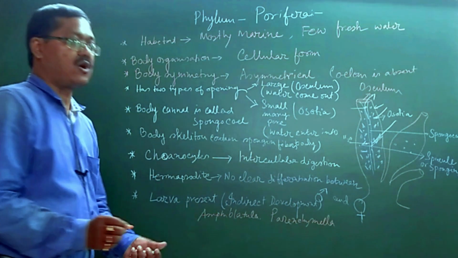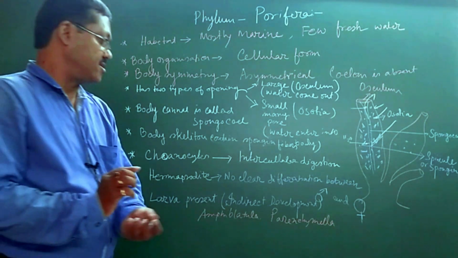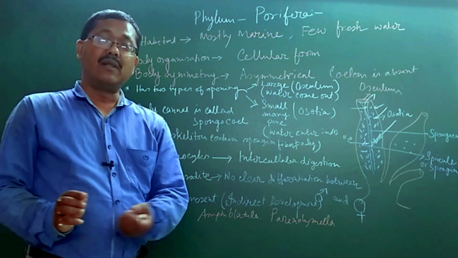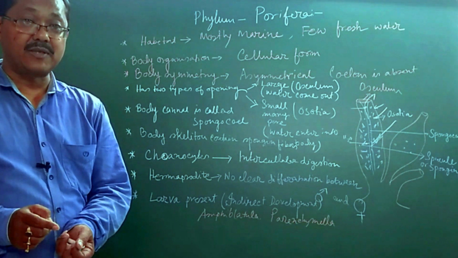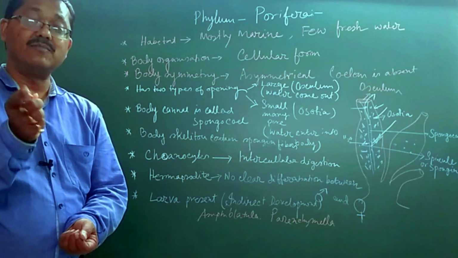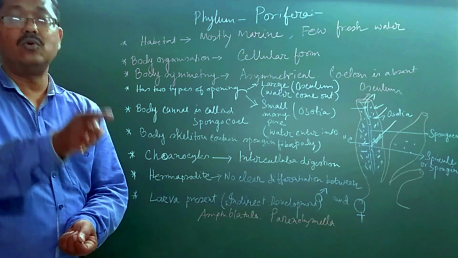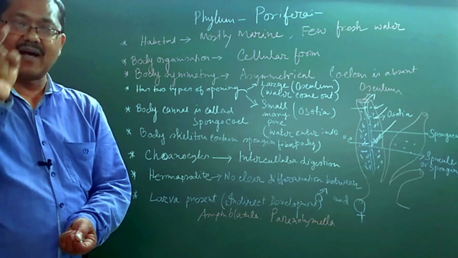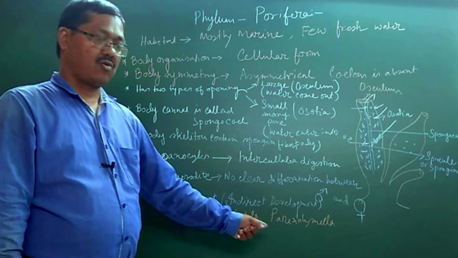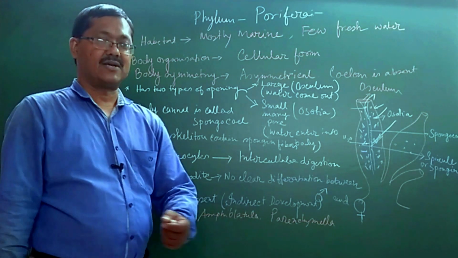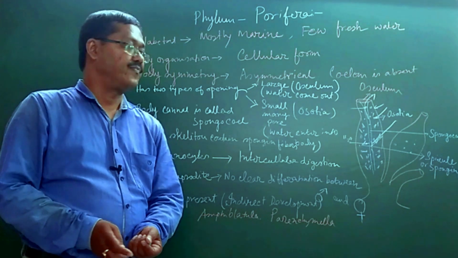These two types of larvae are present from zygote to the adult stage, as transient larval stages.